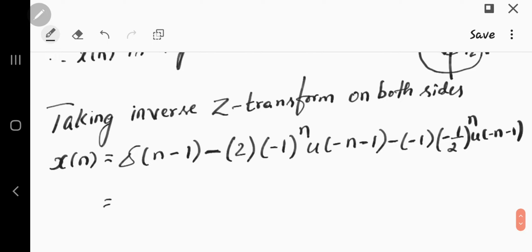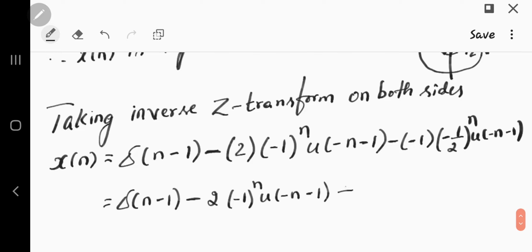Now simplifying that, delta n minus 1, and now you can see -1 to the power of n is there, so it will take the alternate value. So I'll write minus here, -2 into -1 to the power of n, u of minus n minus 1. Minus into minus becomes plus. You can neglect this 1 here.